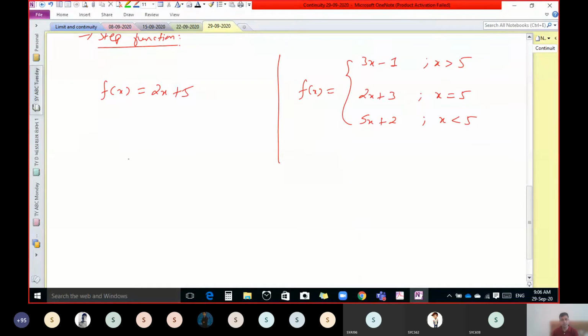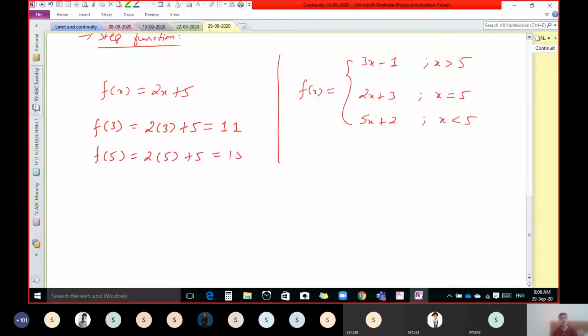Now, if there is a question for this, what is f of 3? Can you tell me how to find out f of 3 here? In this function f of x equal to 2x plus 5, if there is a question find out f of 3, how can you find it? Instead of x, we will put 3. 2 into 3 plus 5, correct. So it is 6 plus 5, 11. If it is the question f of 5, we have to put x equal to 5.